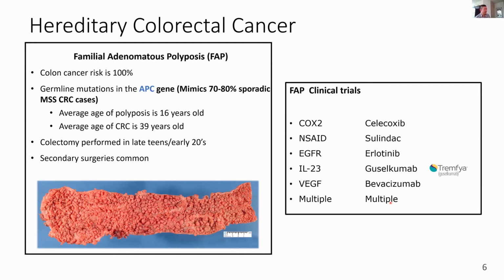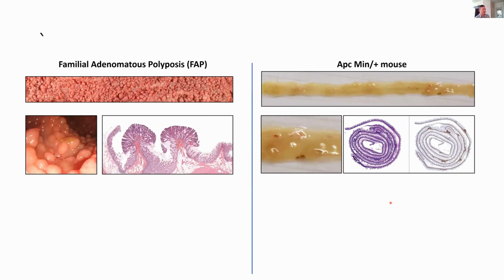But again, it's just introducing why we're going back to the APC min mouse. So anyways, what this means is, I used to use not the APC min mouse per se, but the transgenes, and we would layer on KRAS and P53 mutations. And I really never thought about studying the biology as a starting point for disease progression.